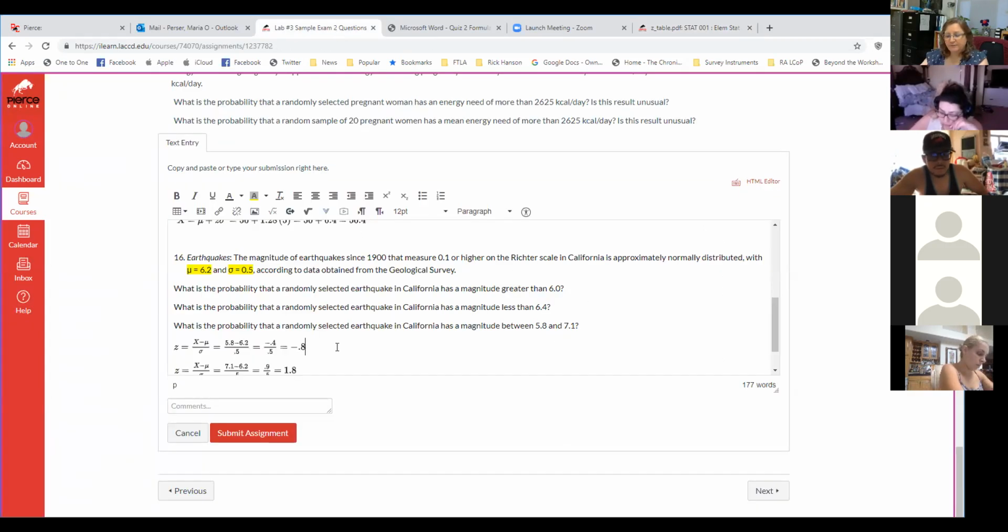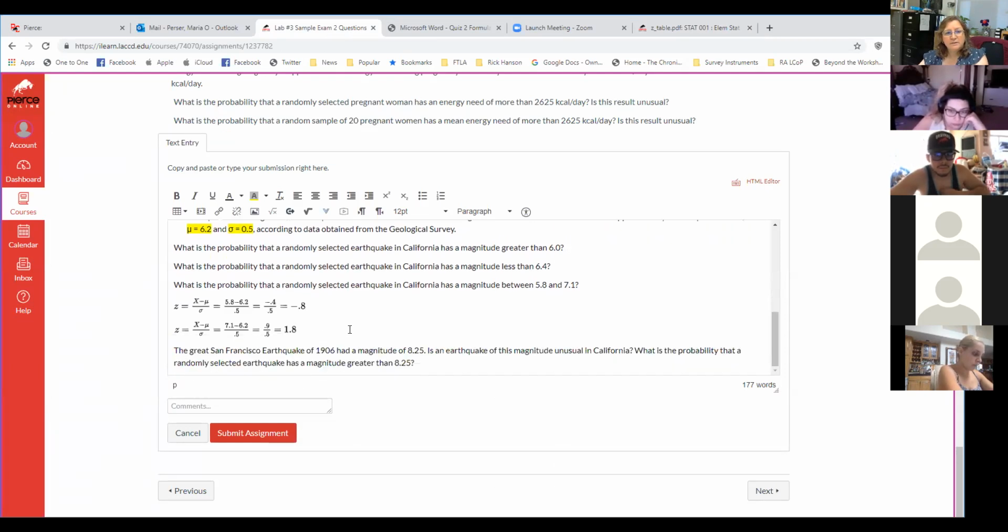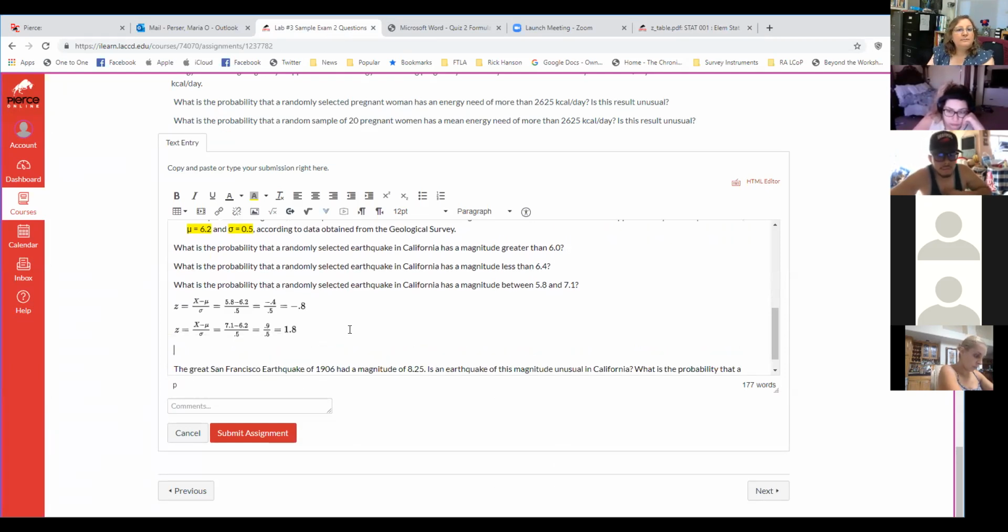So I'm going to just put it over here. Oh, it's not going to let me. So the Z equal to negative 0.8, P is equal to 0.2881.